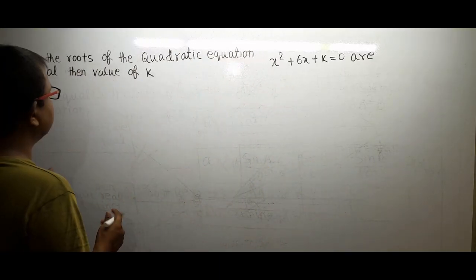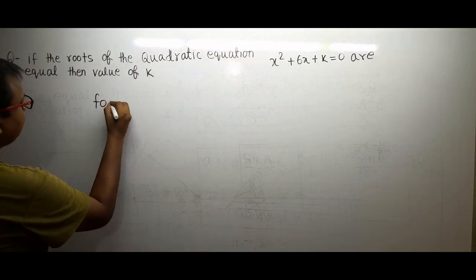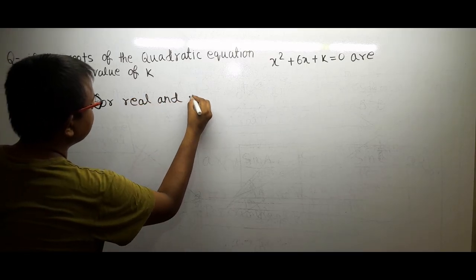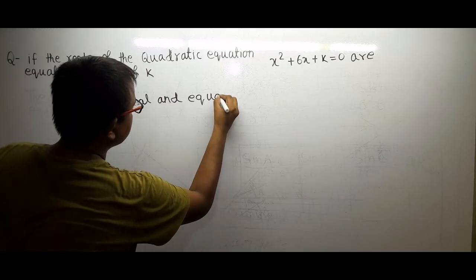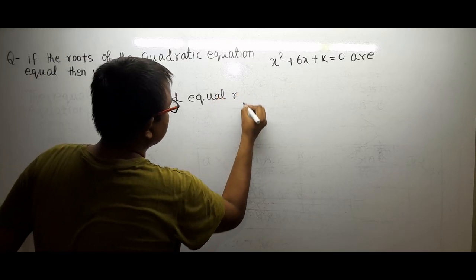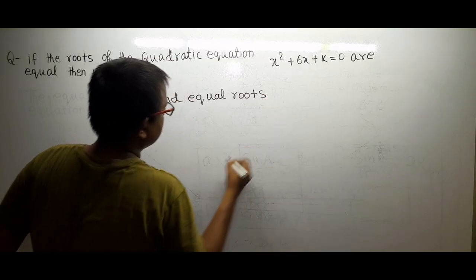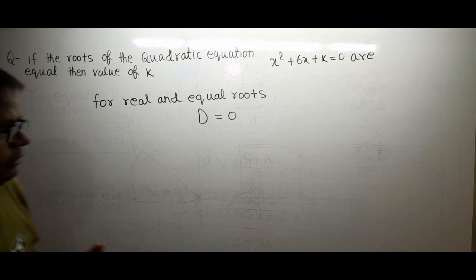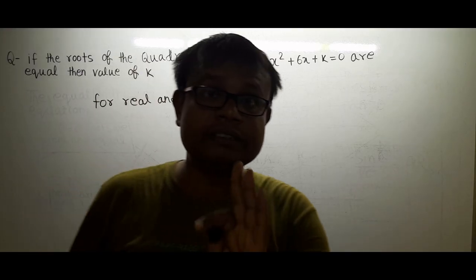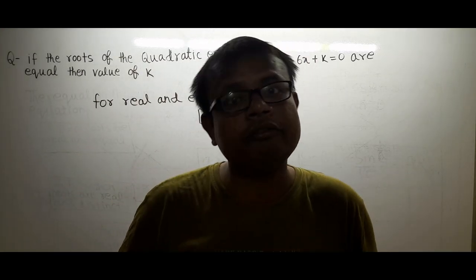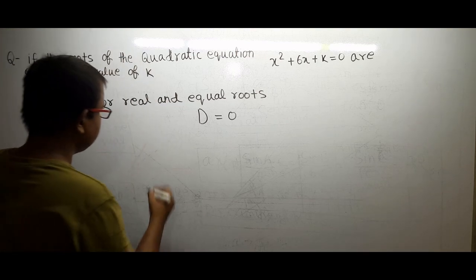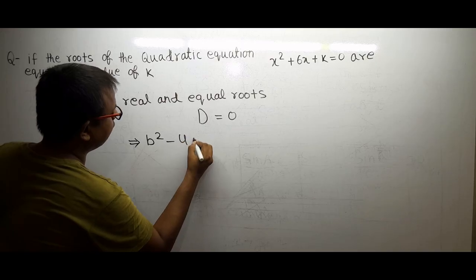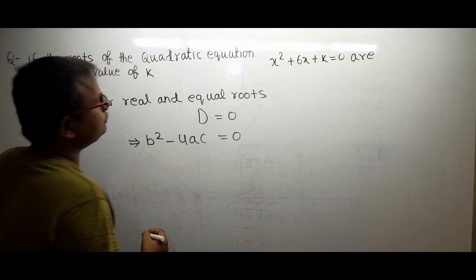Okay, so as we know that for real and equal roots, d is equal to 0. Okay, d is equal to 0, it means discriminant becomes 0 in case of real roots. What is d? Discriminant is b square minus 4ac, that is equal to 0.